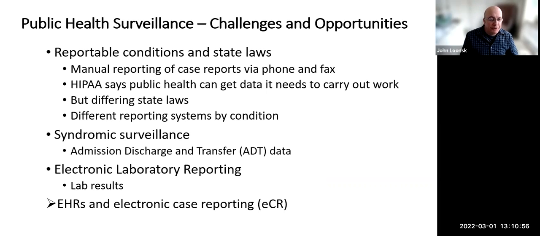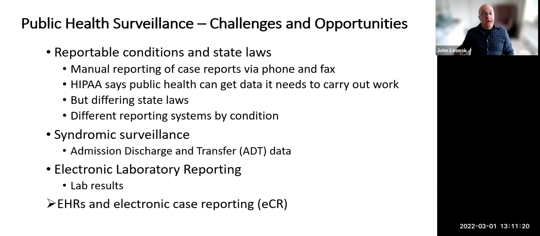And HIPAA says public health is eligible to get these data. They are named data as reported to those public health agencies. And there's the core of the surveillance system that exists in this country. And it was not electronic really at the start of COVID.